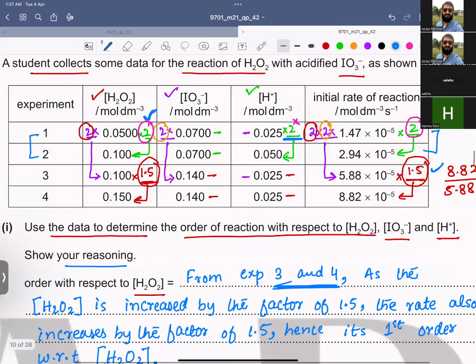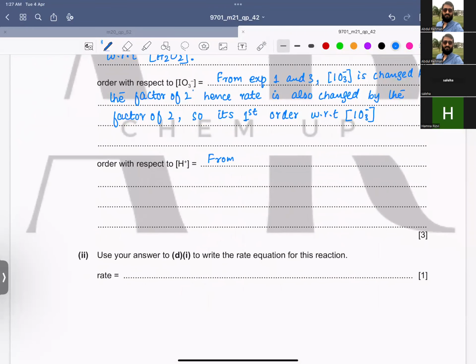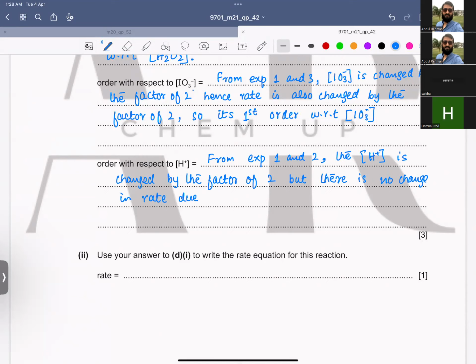Which means it's zero order with respect to hydrogen ion concentration. So I can conclude here that from experiments 1 and 2, the concentration of hydrogen ion is changed by the factor of 2, but there is no change in rate, so it's zero order with respect to the concentration of hydrogen ions.